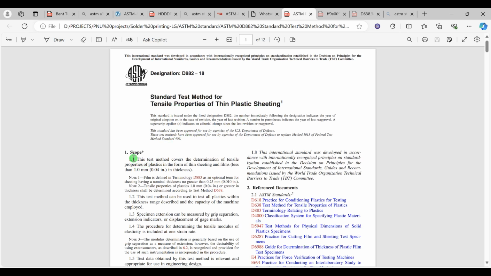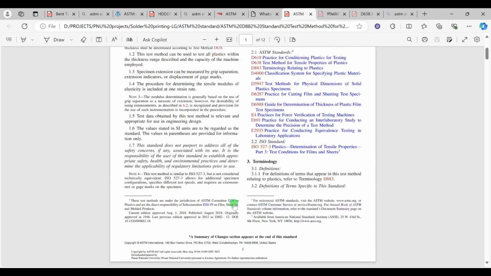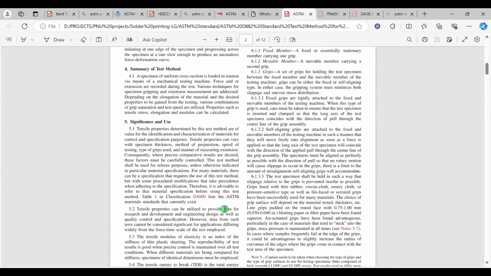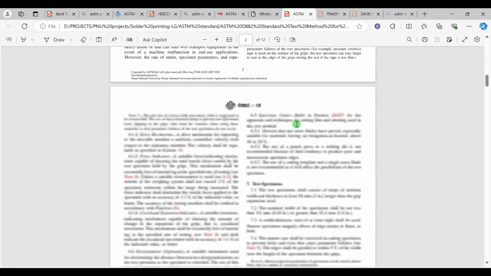And as I already said, in the scope section you can find the application of this standard. This test method covers the determination of tensile properties of plastic in the form of thin sheeting and films less than 1 millimeter.